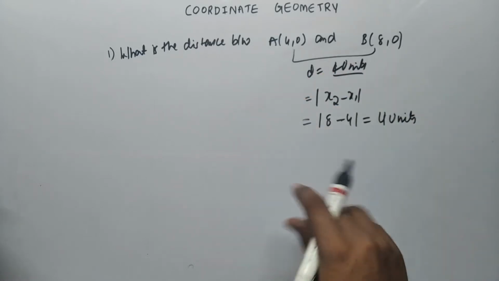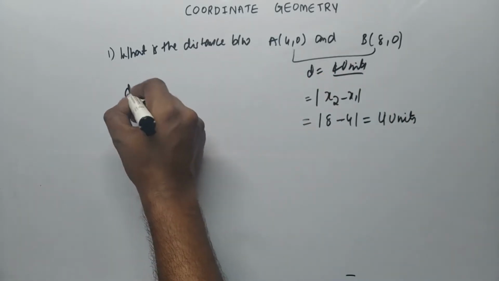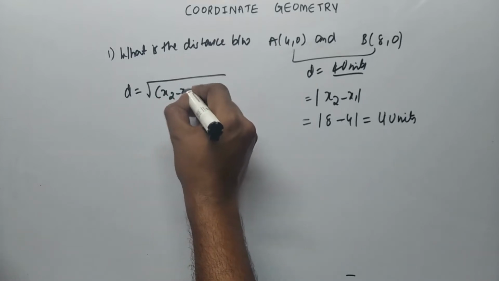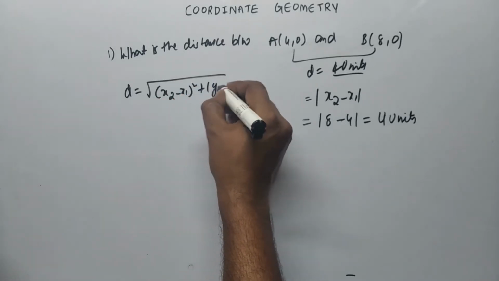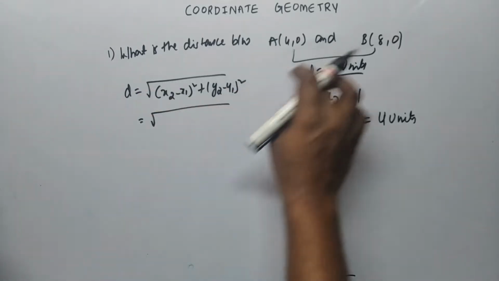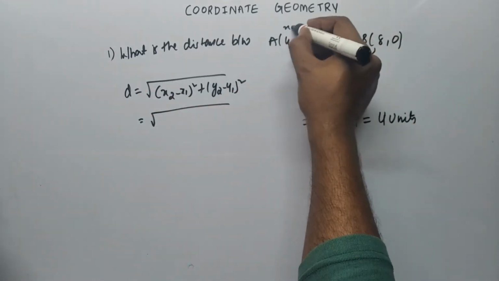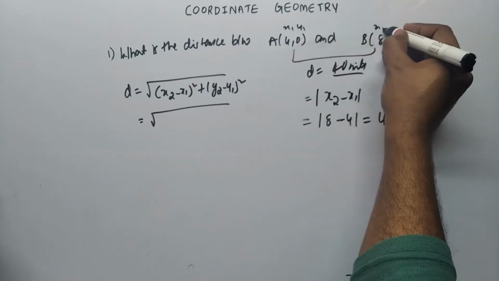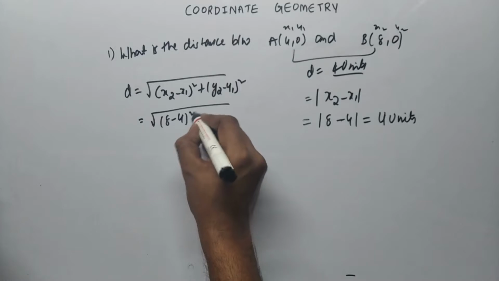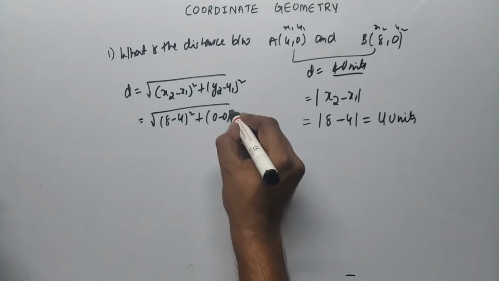If I use the distance formula, we will get the same value: square root of x2 minus x1 whole square plus y2 minus y1 whole square. What is the x2 value here? You have taken this as x1, this is y1, this is x2, this is y2. So 8 minus 4 whole square, next 0 minus 0 whole square.